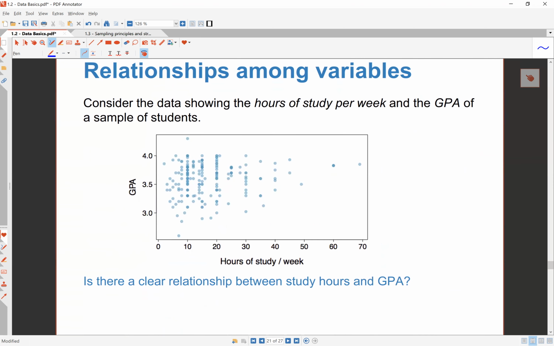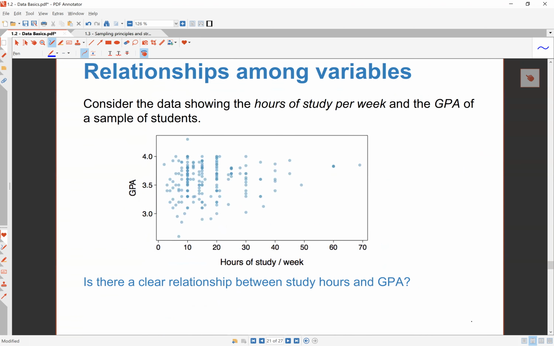So let's look at an example here. The x-axis, or our horizontal axis, shows us for students how many hours they study per week. The y-axis shows us their GPA. So try and draw a cloud around the points, and you'll see there's maybe a bit of an upward sloping line here.